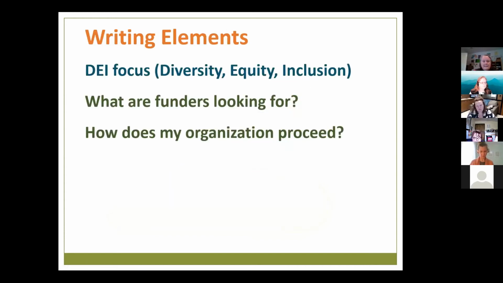So I added this section on diversity, equity, and inclusion because as a grant writer, I'm finding that a lot of foundations, and particularly state and federal entities, are really asking organizations to incorporate these principles into their grant projects.